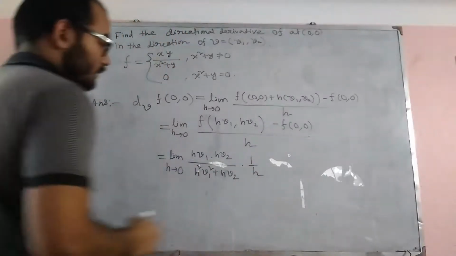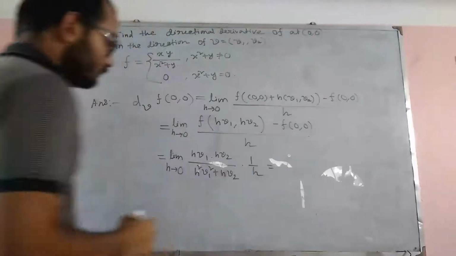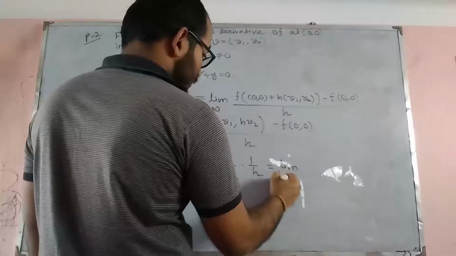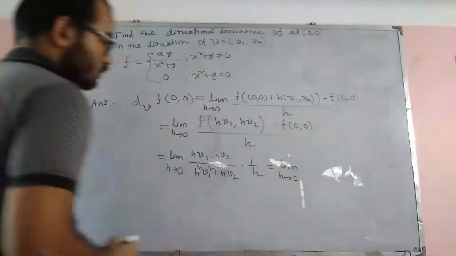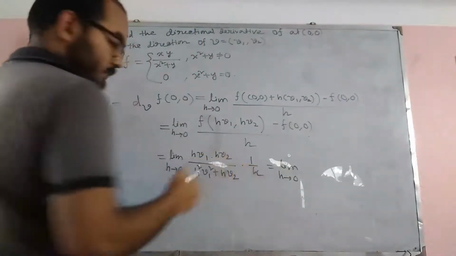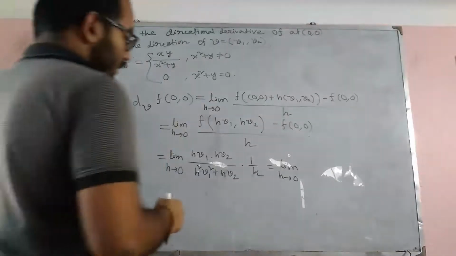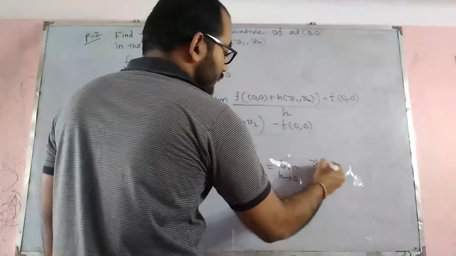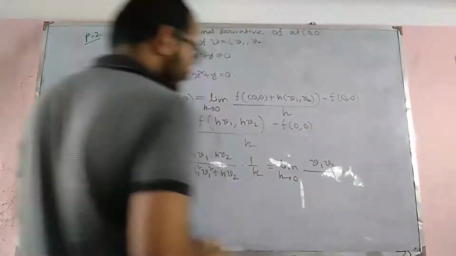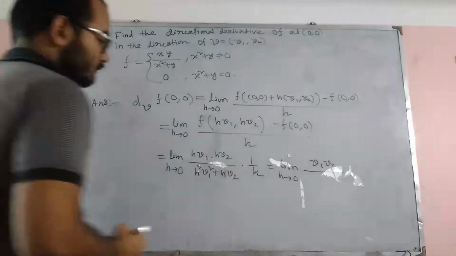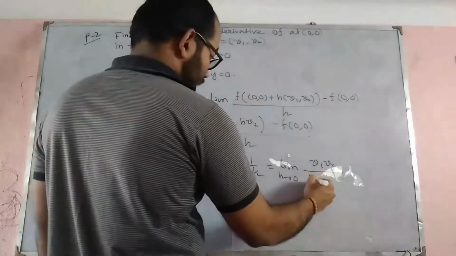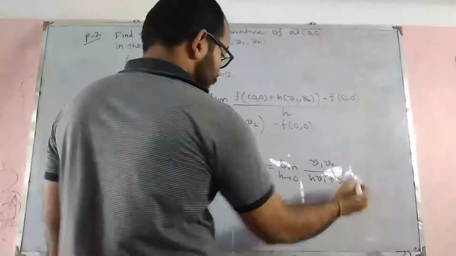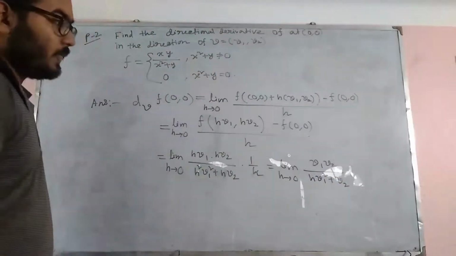Now limit h tends to 0. Okay, that h cancels out and see v1 v2 by h v1 square plus v2.